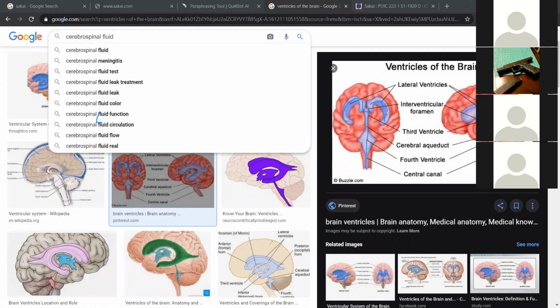So the function of the CSF is to first cushion or protect the brain, and it also nourishes the brain. So when I say cushions the brain, for instance, especially those who engage in sports like American football or even cricket, in most situations, they use their heads a lot to bang each other.